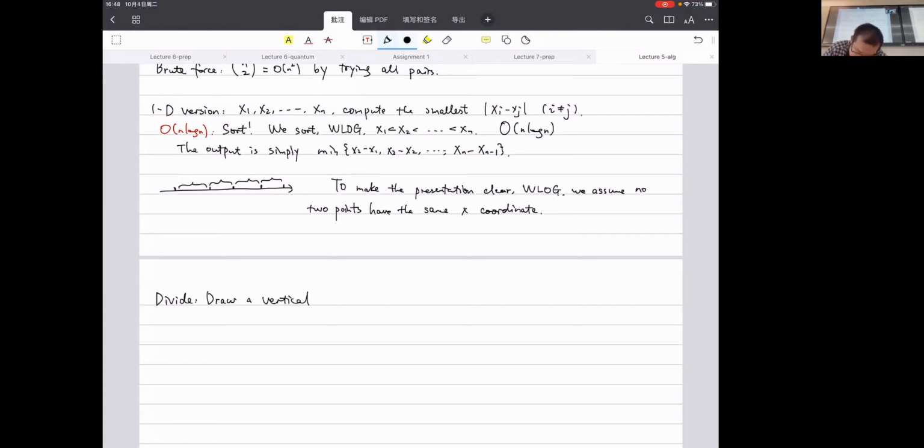As the normal practice, the horizontal axis is the x-axis and the vertical axis is the y-axis. So I draw a vertical line L so that n over 2 points are on each side.